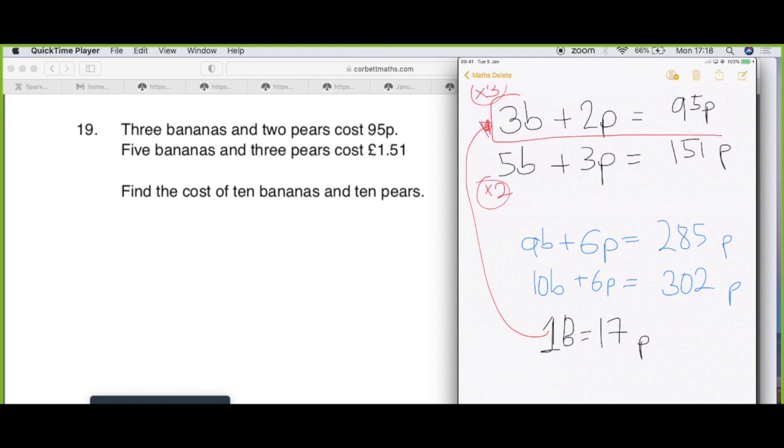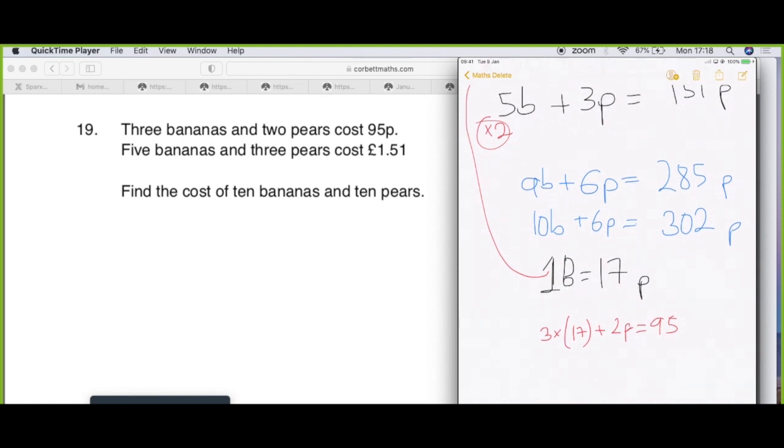That's it, yeah. So let's substitute that into the top equation. So we've got 3 times 17p for the banana, add 2p equals 95, right? And then 17 times 3 is 51, yeah, 51.